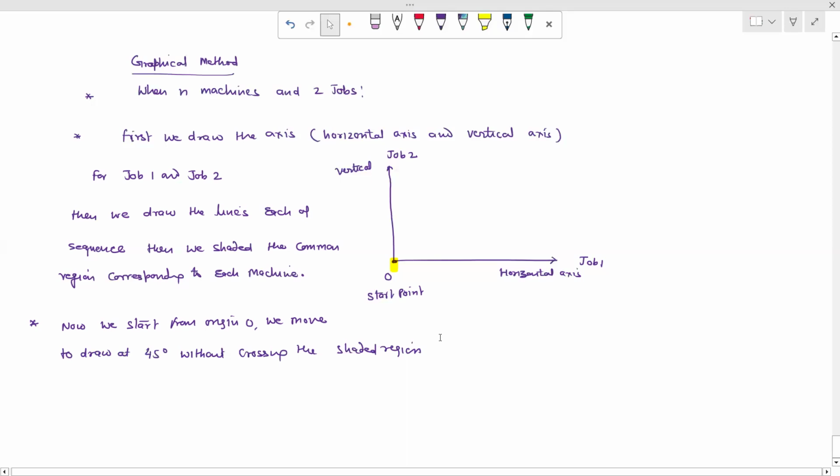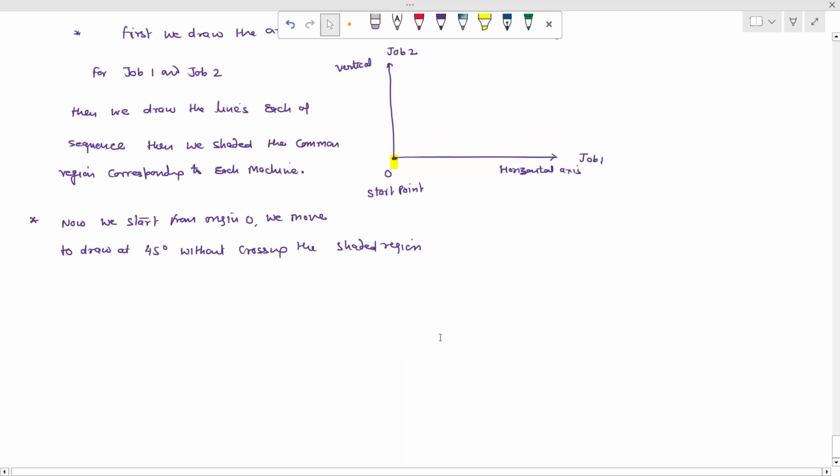It is clear when we are moving at 45 degrees, we can take an example. This is our axis. Here we take the x-axis for job 1 and the vertical axis, which we note as y, for job 2, and we take a scale of 1, 2, 3 on both.